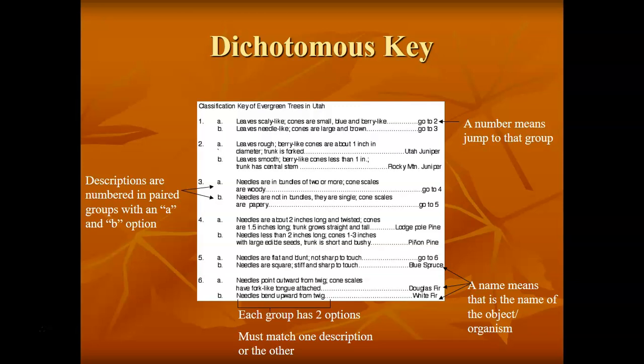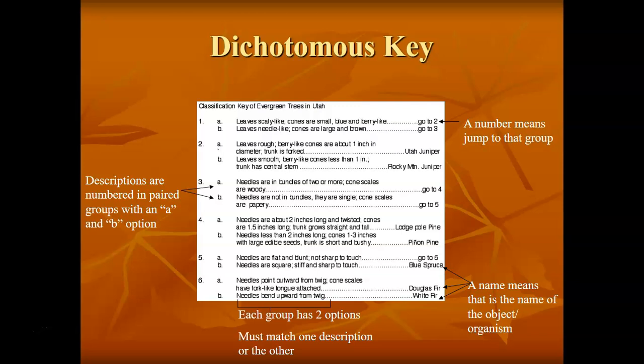Okay, so let's say that you are not necessarily in the process or in the need of classifying an organism, but you want to know what an organism is actually called, right? And you're out somewhere and you're looking at some unknown species to you, but you assume it probably already has been classified by scientists.